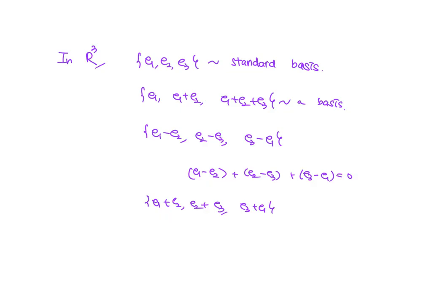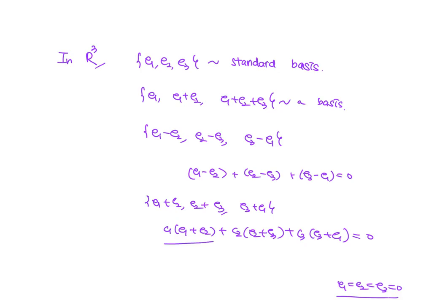You consider a linear combination and then you set this combination to be zero, right? So C1 times (E1 plus E2) plus C2 times (E2 plus E3) plus C3 times (E3 plus E1), you set this to zero. And then if you can confirm that C1, C2, C3 are all zeros, then the given set will be linearly independent. So you need to check whether you can derive this from the given condition.